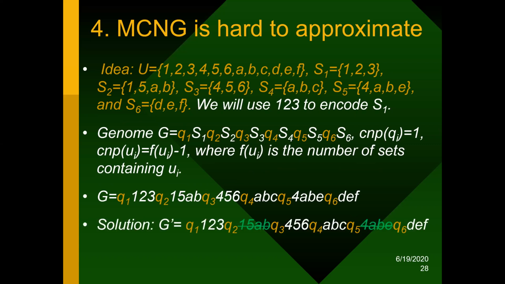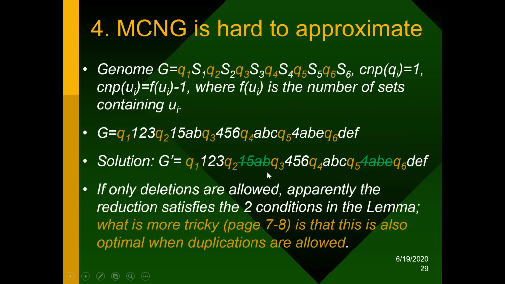The solution, of course, is simply to delete the 2 sets that do not belong to the solution for set cover. So you can easily see, if we restrict that only deletions are allowed, this reduction satisfies the 2 conditions in the lemma we just showed.